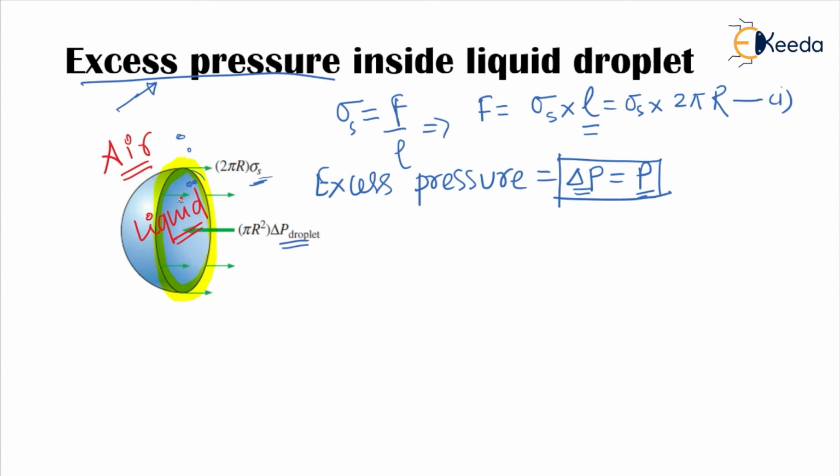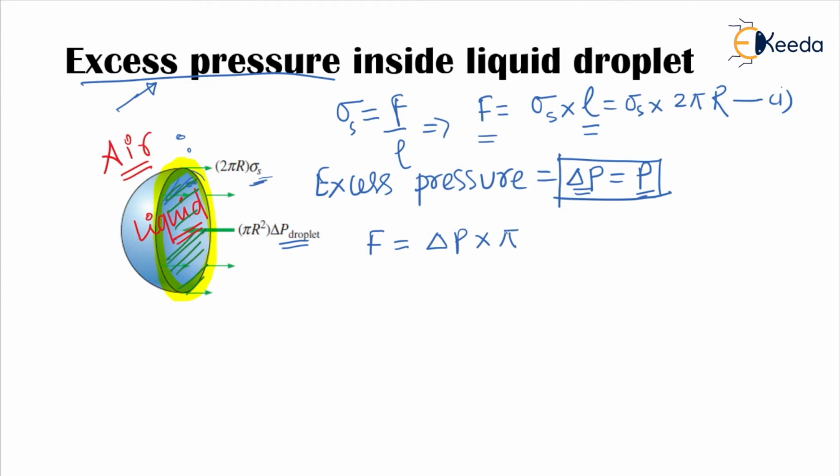What should be the pressure required? The pressure multiplied by area will also give you the value of force. If you focus, you will come to know that this is the surface area, the complete surface area on which this pressure is acting. So we can easily determine the value of force. Again, the force here must be equal to the previous one for equilibrium. It is the excess pressure multiplied by the area.